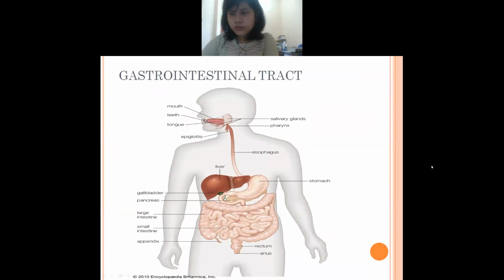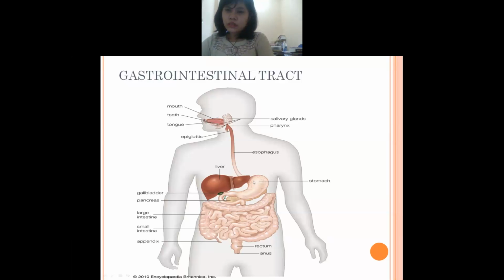Next question is very easy. Okay, what is the shape of the stomach?